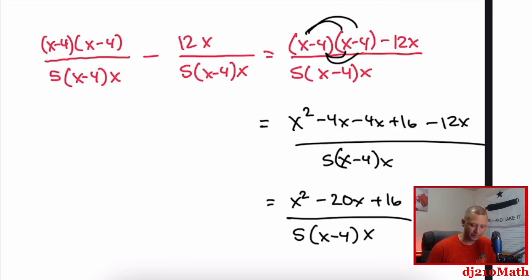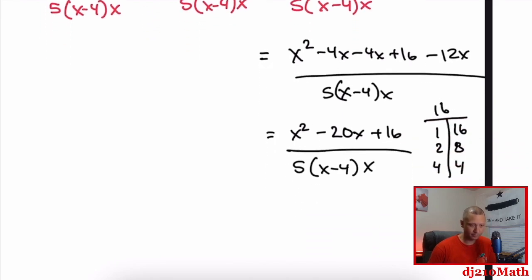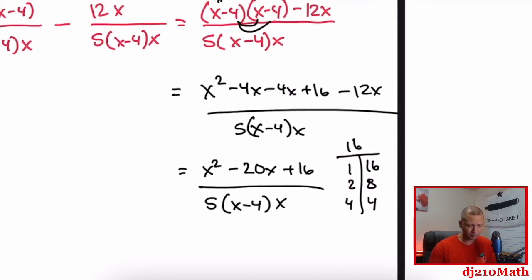So can the top be factored? That's the question. Two numbers that make 16 that add up to negative 20. 1 and 16, 2 and 8, 4 and 4. Okay, so nothing can make negative 20. So it's not factorable.